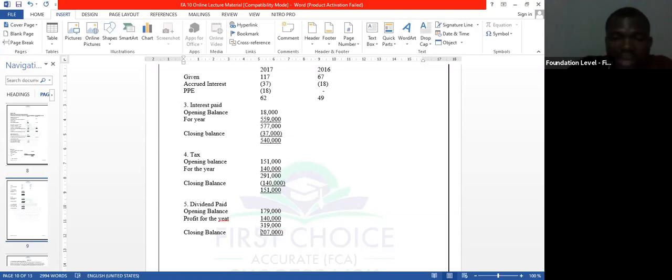So it means that there's a deduction in what we are expecting from what we actually earn. That will give us the dividend paid. So 319 minus 207 will give us 112. So the dividend paid is 112,000.